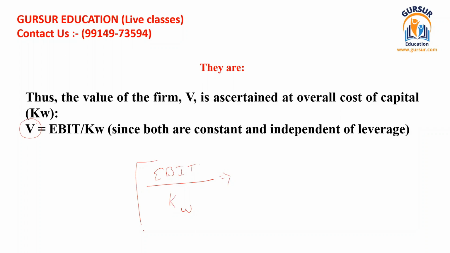When you calculate this, that shall produce the value of the firm, and this value is obviously the sum of equity and debenture. When you know the value of the debenture, after subtracting it from the value of the firm, you can easily get the value of the equity shares. So this is the formula for finding the value of the firm.